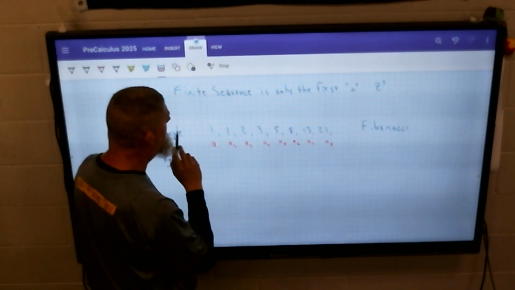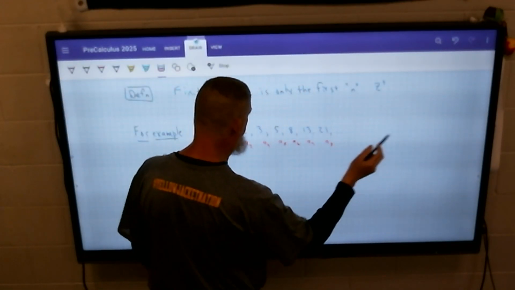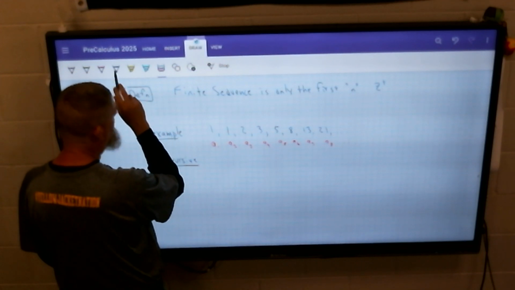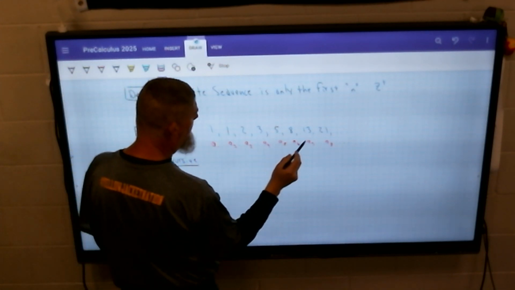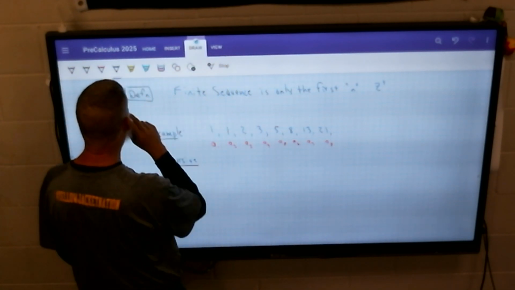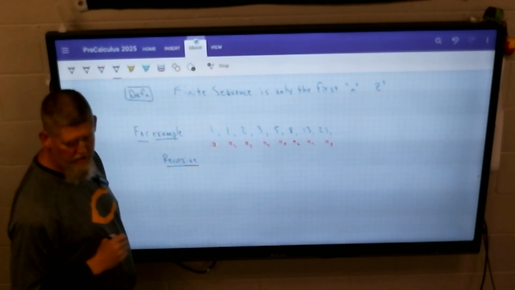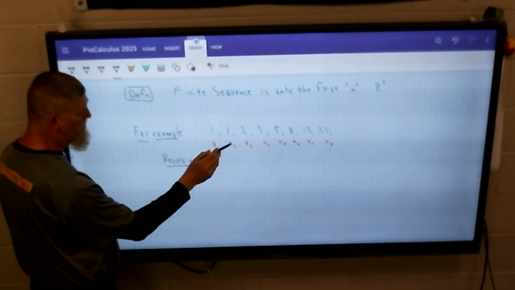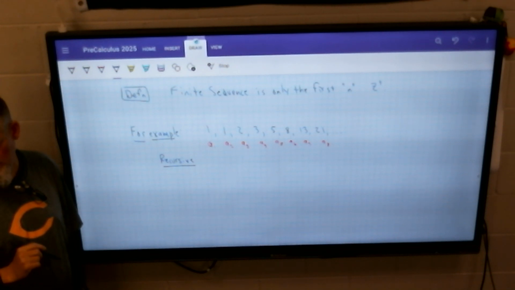Now we know that this Fibonacci sequence is infinite, it goes on forever. But let's turn it into a finite one, and let's say we only want the first n terms. What would be the last term in the sequence? If this is A1, A2, A3, A4, A5, A6, A7, A8, what would be the last one?